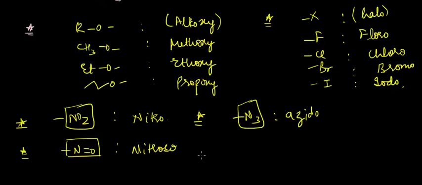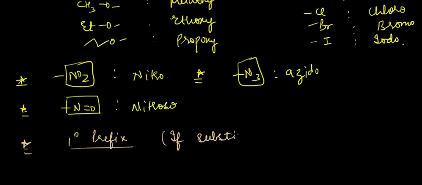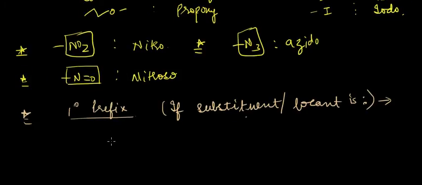Okay, now let's talk about 1-degree prefix. For 1-degree prefix, we have only a few examples of substituents which should be identified as 1-degree prefix. So if our substituent, or we can say locant, is one of the following, that we have a cyclic compound, then the 1-degree prefix used for identifying the cyclic compound is cyclo.